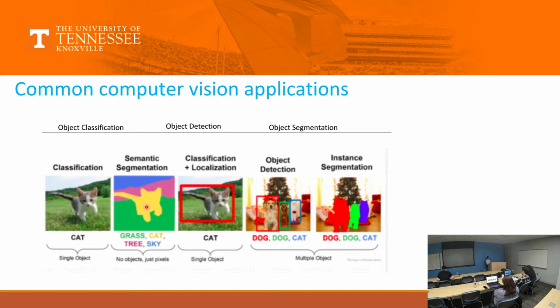Another important field, which comes under UNet, is semantic segmentation. What does it do? In semantic segmentation, pixels are classified individually.